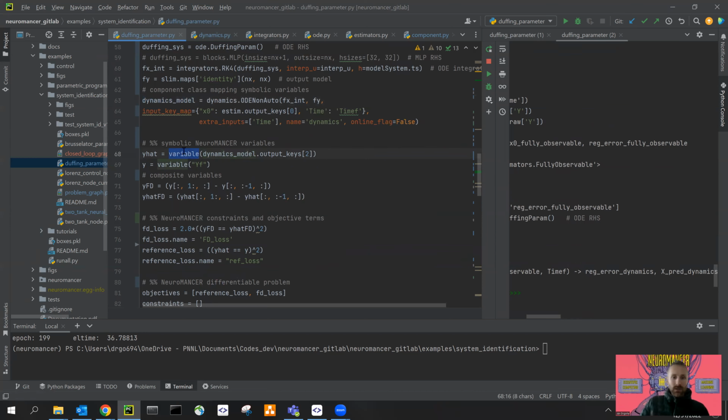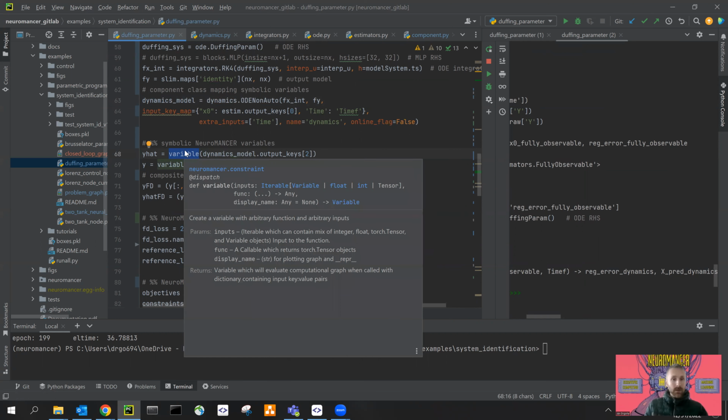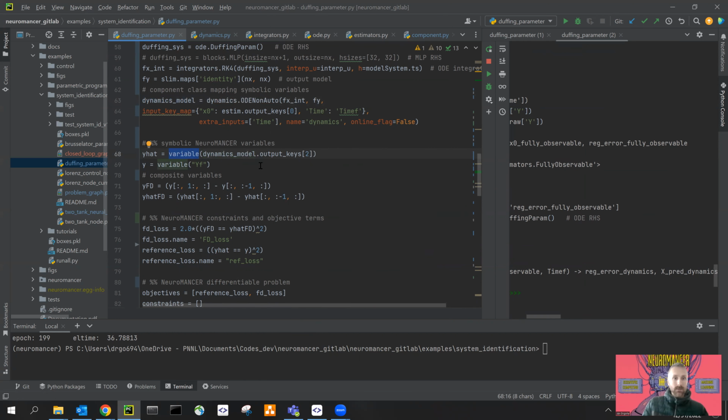Well, for that purpose, we create this variable class that is another symbolic expression that can point to the variable names in the dataset. It can point to the variable names in the input-output space of the components, or they can be created as composite variables of the previous variables.